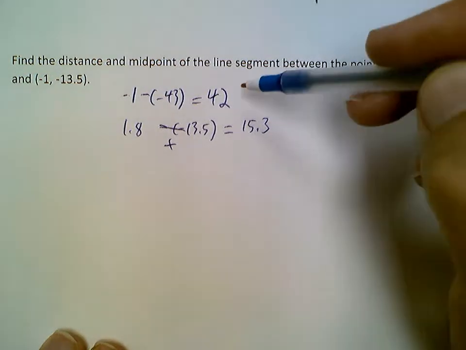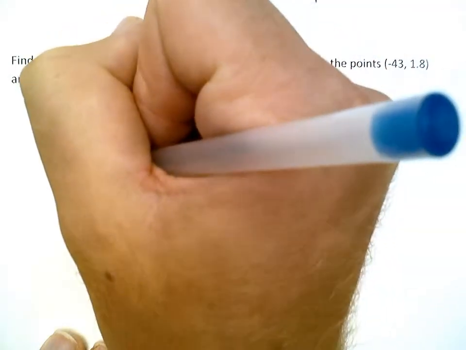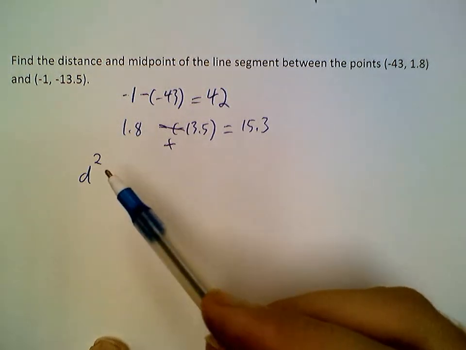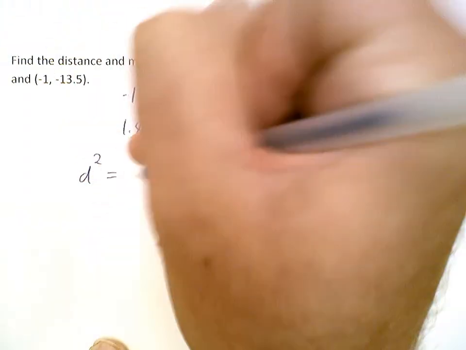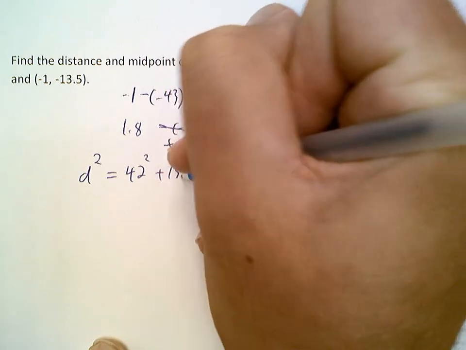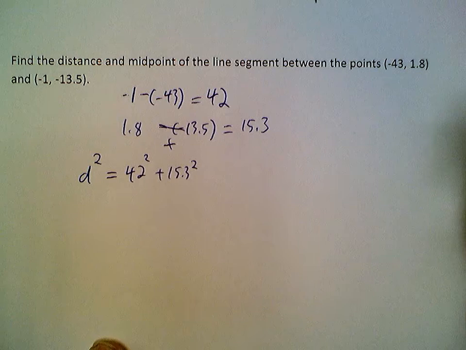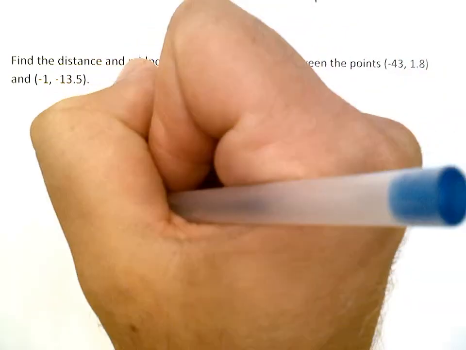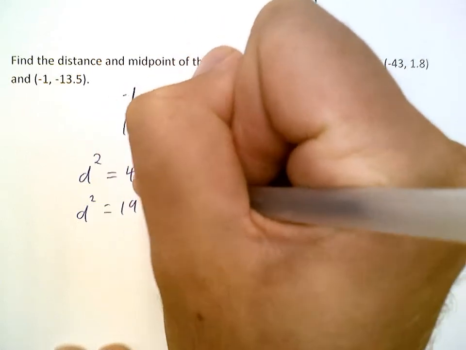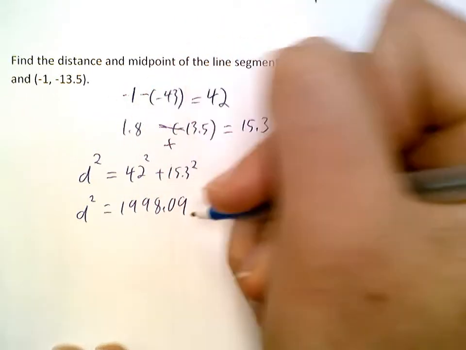Okay, so then to find my distance, I'm just going to do the Pythagorean theorem with these two as the lengths of my legs. So I'm going to do the distance squared. You can use whatever variable you want to. I'm using d instead of c in this case just for distance, but d squared equals 42 squared plus 15.3 squared. I'd probably use a calculator for this part, so punch it in, 42 squared plus 15.3 squared, and I end up with d squared equals 1998.09.